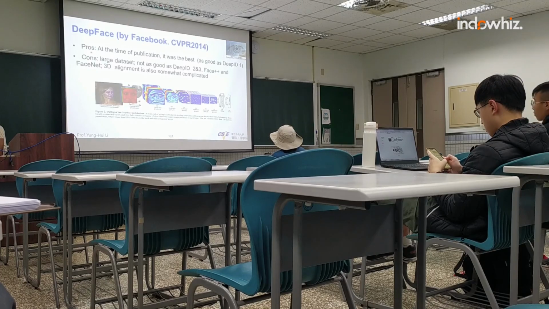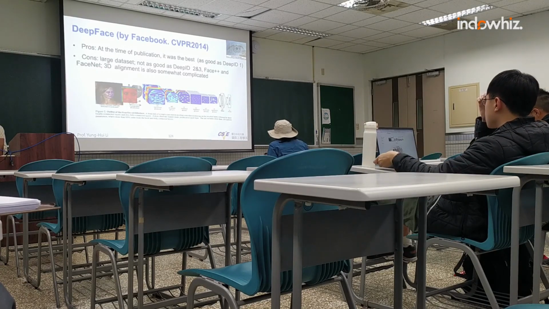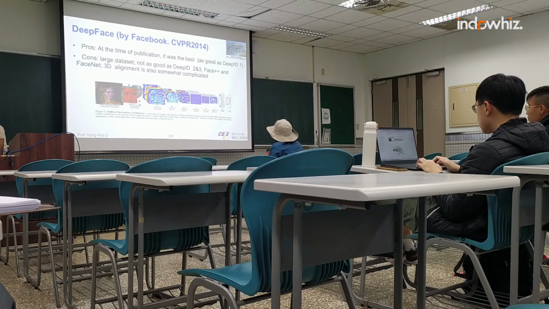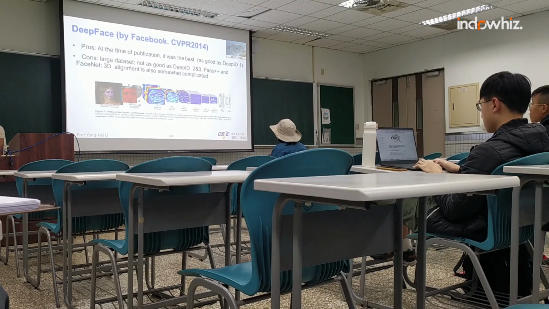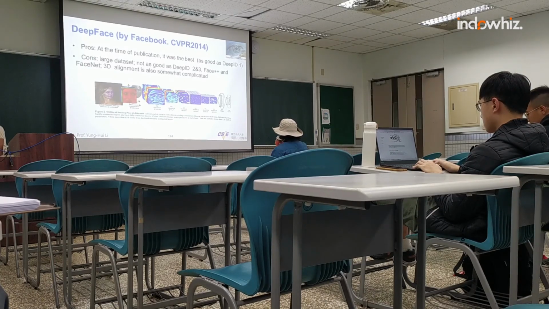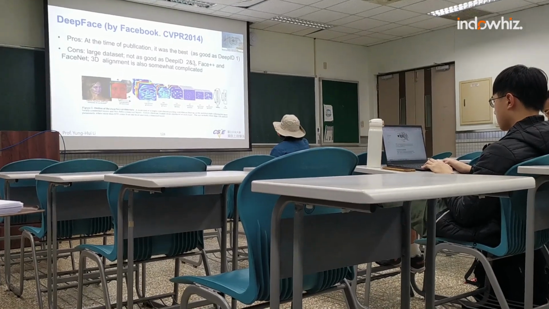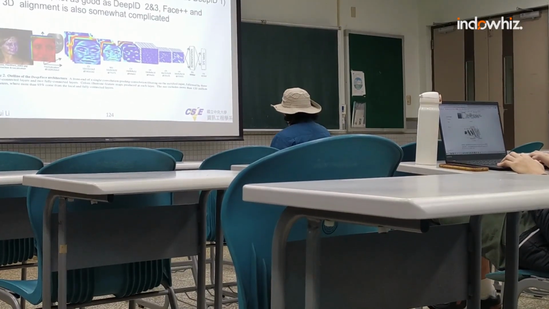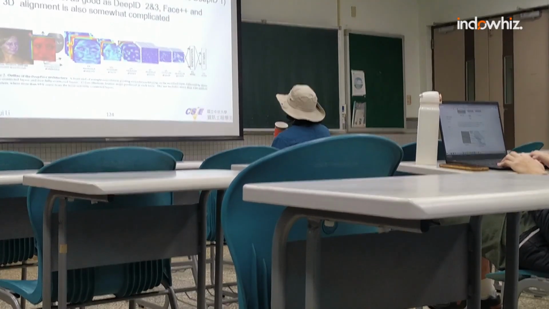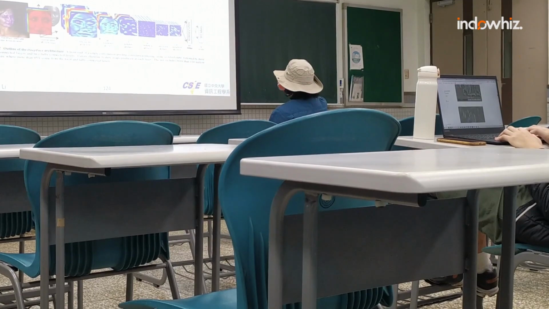The point is, at that time, it was the best, as good as Face ID 1. And the con of this network is it requires a large data set and is not as good as DeepID 2 and 3 and FaceNet. And also they need to perform 3D alignment.